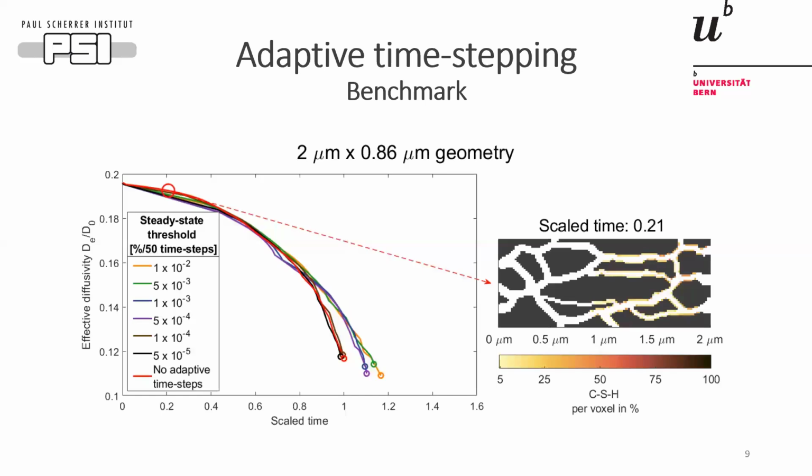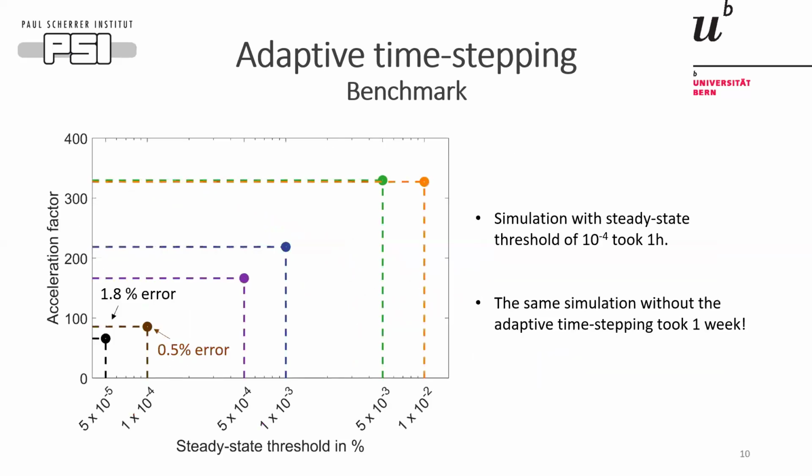Higher steady state thresholds lead to higher errors because they determine the temporal quasi-steady states early, and obviously too early. But it also leads to higher accelerations. However, the simulations with good accuracy still have an acceleration of 90 times. So it took 1 hour to finish the simulation with a threshold of 10 power minus 4 instead of 1 week without the adaptive time-stepping algorithm.